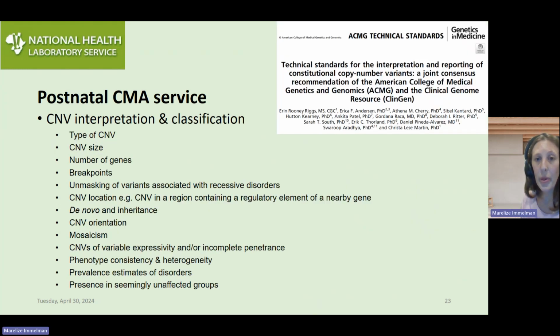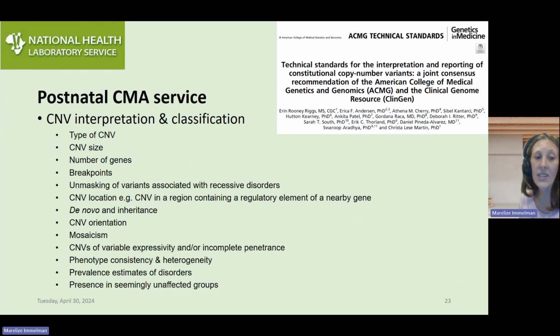During the interpretation process, we follow the ACMG technical standards, and we consider various things, for example, the type of CNV, the size, how many genes and which genes are included in the copy number variant, as well as if it's a de novo occurrence or inherited.